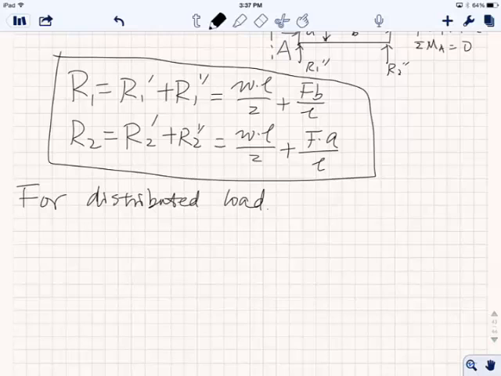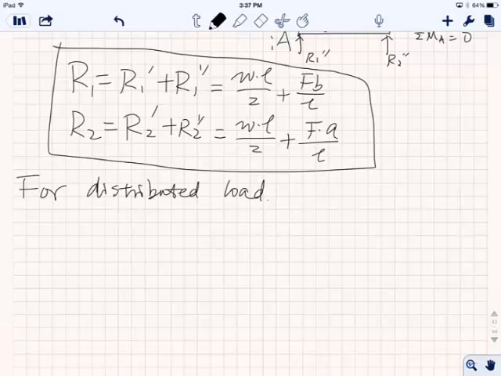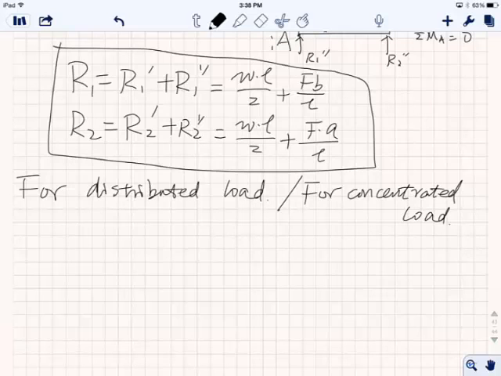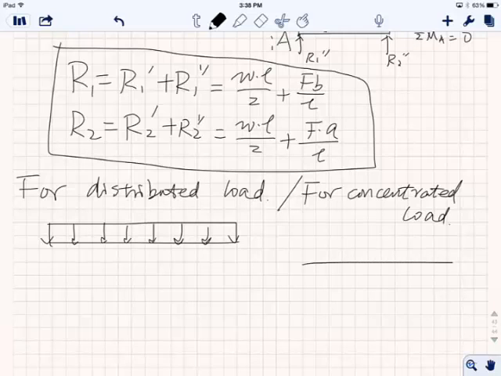For a distributed load, what you have is a load over here, and you only consider this. And for concentrated load, you only consider this force. Right, you consider them separately.